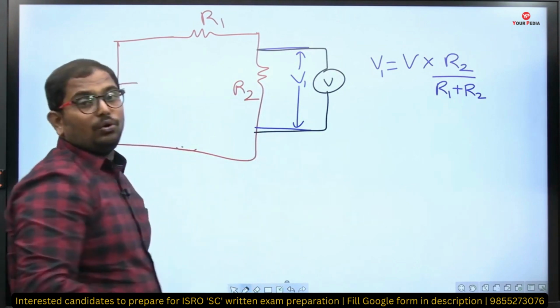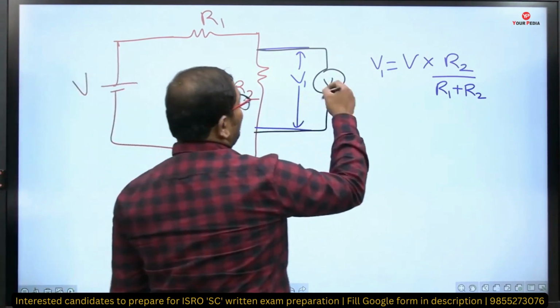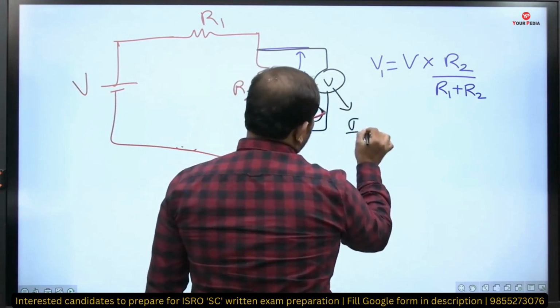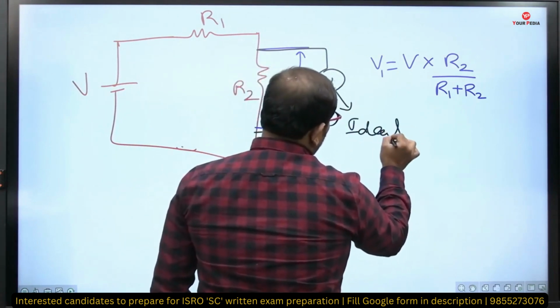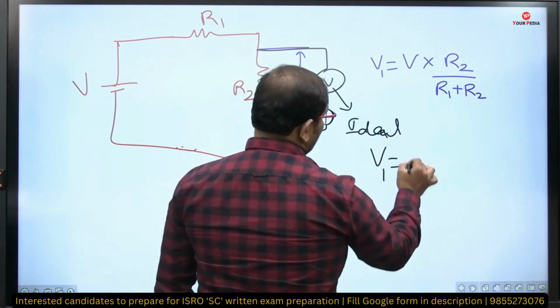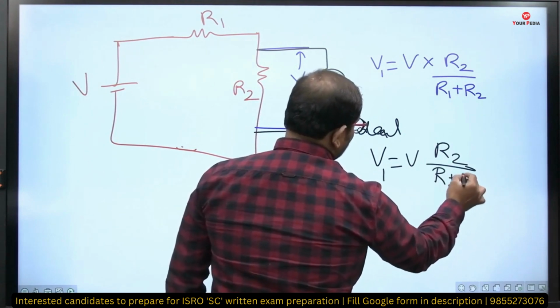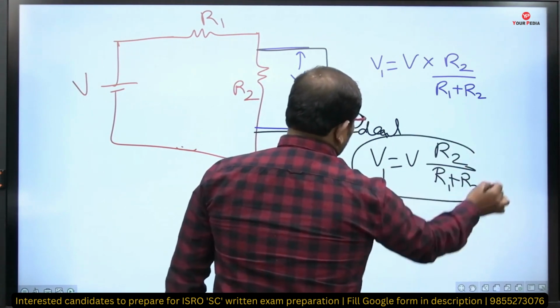By using a voltmeter. If I connect a voltmeter and choose this voltmeter as an ideal one, then your V1 will be the same as above, that is V into R2 by (R1 plus R2). So what is the meaning of this?